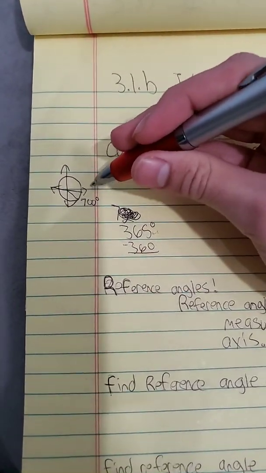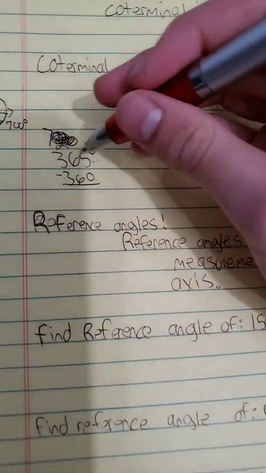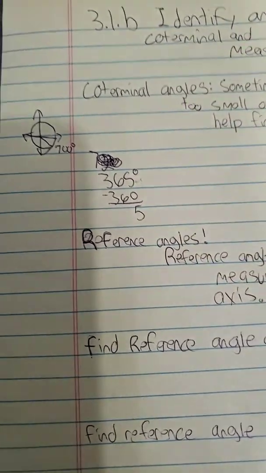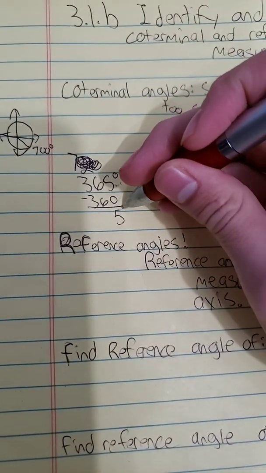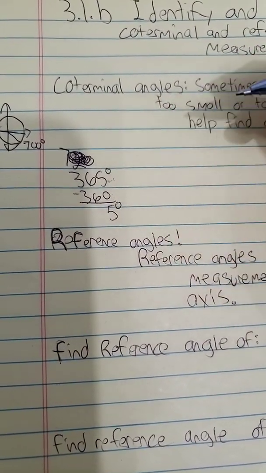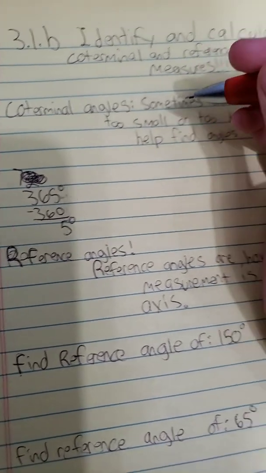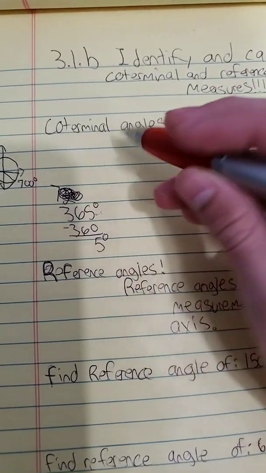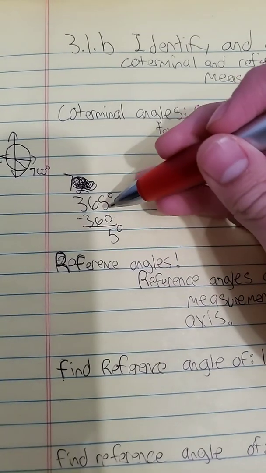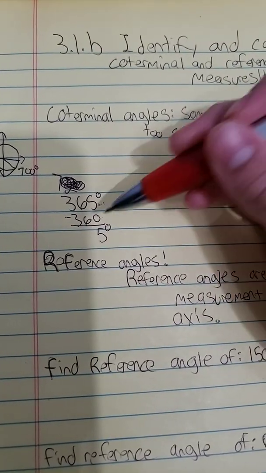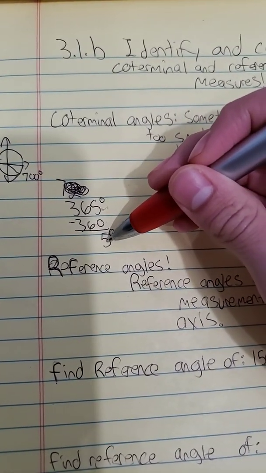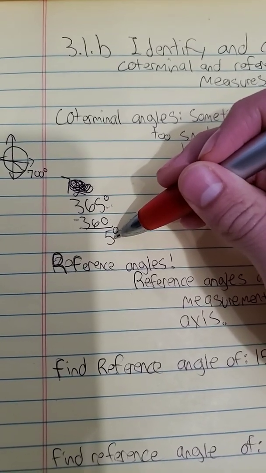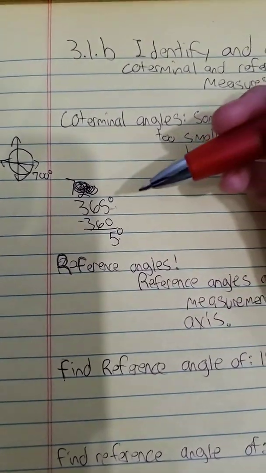I hope you understand. Anyways, back to the problem. 5 degrees would be the coterminal angle. On the test, Miss Cohn will be asking, find a negative coterminal angle. So you subtract 360 one more time to get a negative answer, so on and so forth.